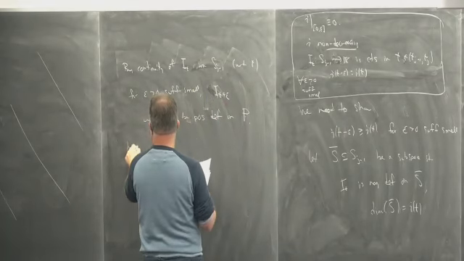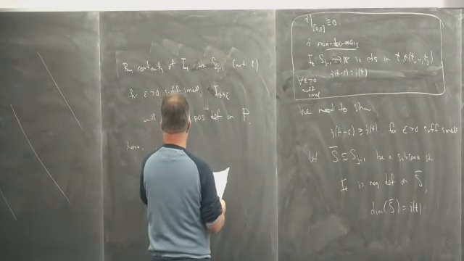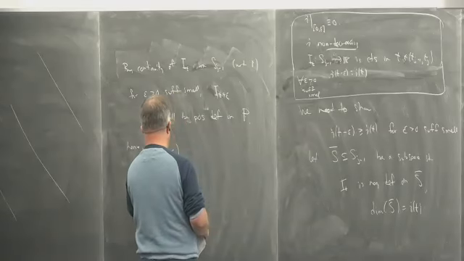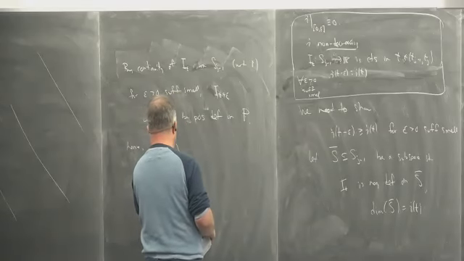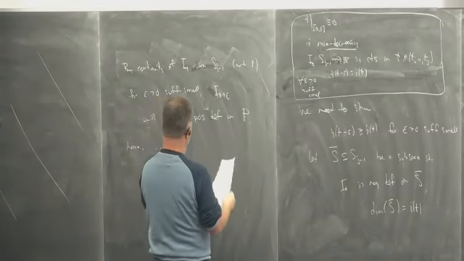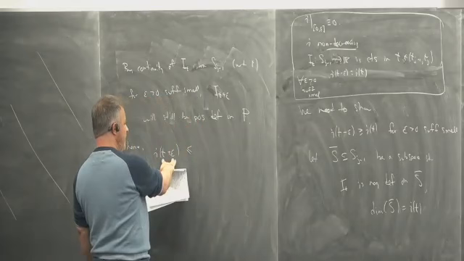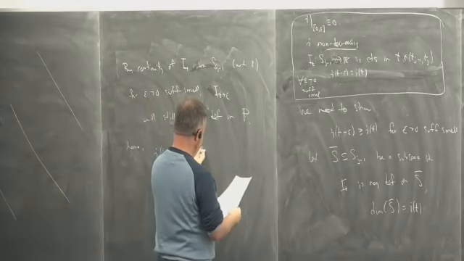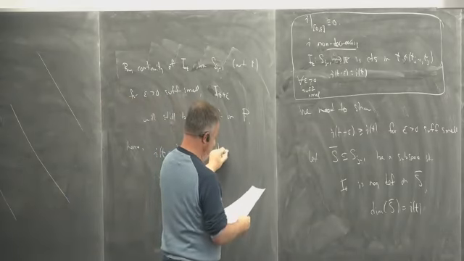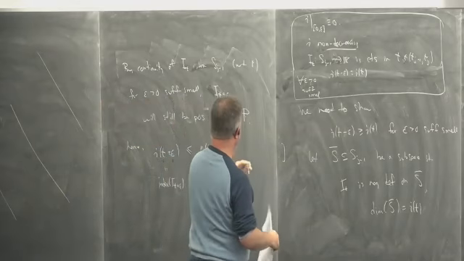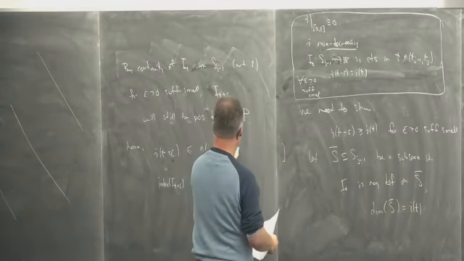So hence, the index of I t plus epsilon, that's the dimension of the largest negative definite subspace, can't be any more than the dimension of the space minus the dimension of the space on which it's positive.